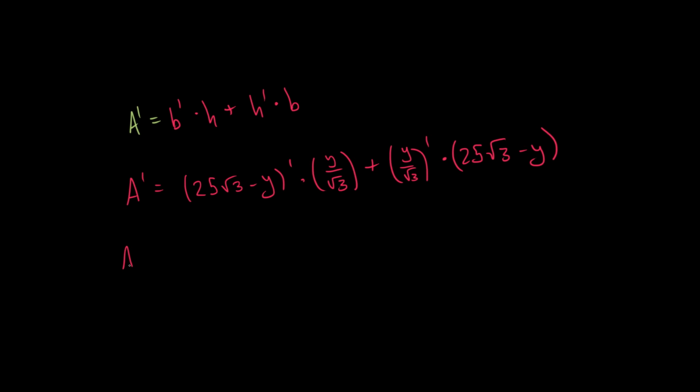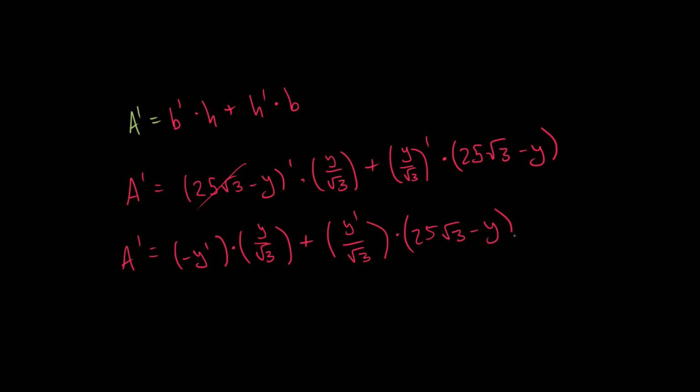Now, let's simplify some of these derivatives. The derivative of a constant is 0, so this cancels out. The derivative of Y is just Y prime, so we get negative Y prime times Y over root 3 plus Y prime over root 3 times 25 root 3 minus Y.